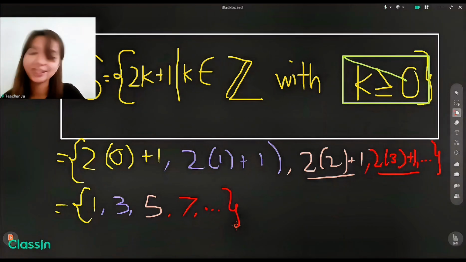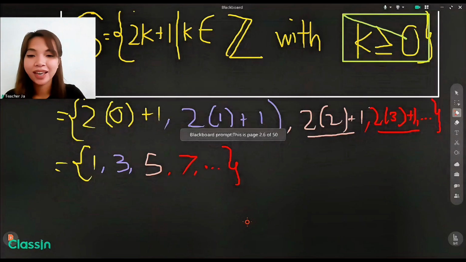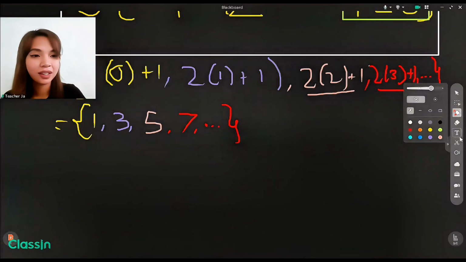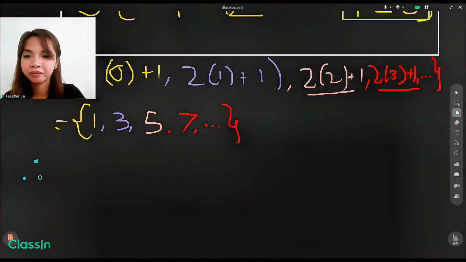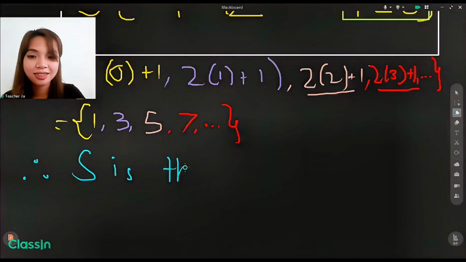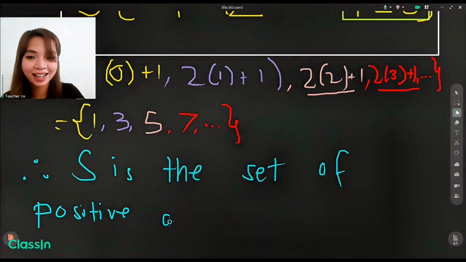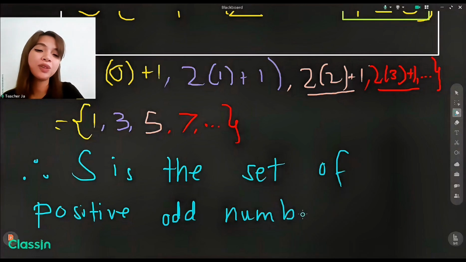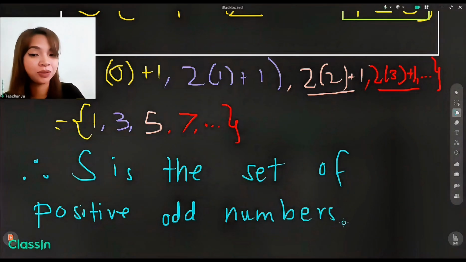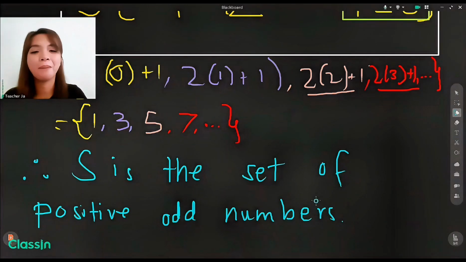With that in mind, we can say that S is the set of positive odd numbers. 1, 3, 5, 7 are examples of odd numbers.